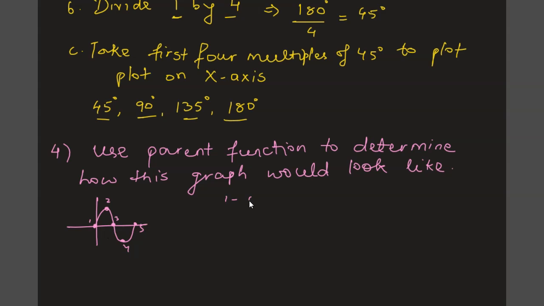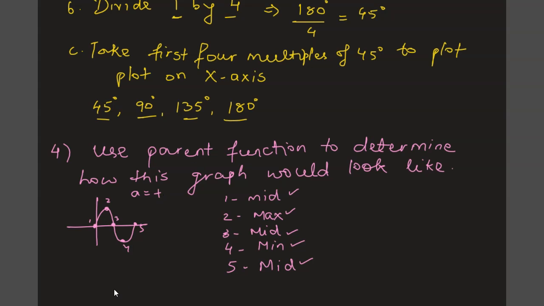Point number 1 is the midpoint. Point number 2 is the max point. Point number 3 is mid again. Point number 4 is the min point, and point number 5 is mid again. So for a sine function, we have mid, max, mid, min, mid. This is when the a value is positive.